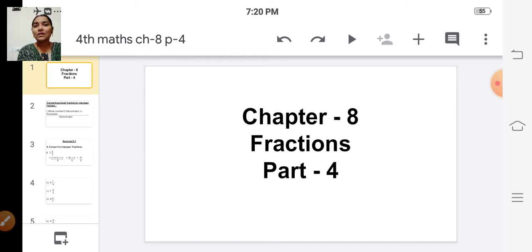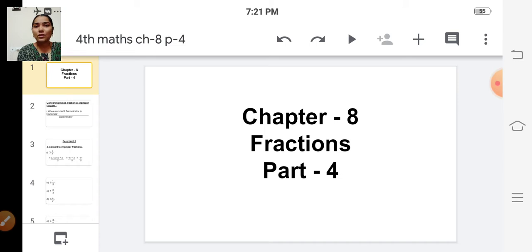And we have learnt about like and unlike fractions, isn't it? What is like fractions? Fractions which are having same denominators are called like fractions. And fractions that are having different denominators are called unlike fractions.